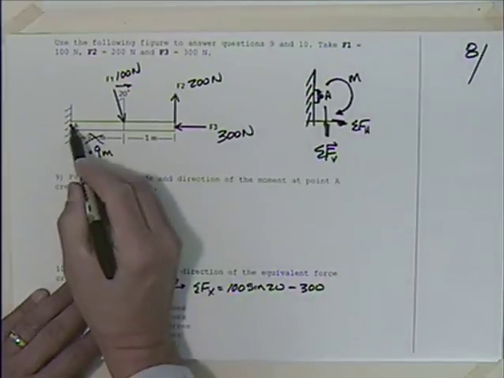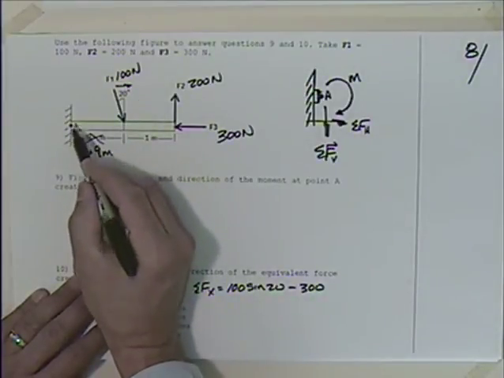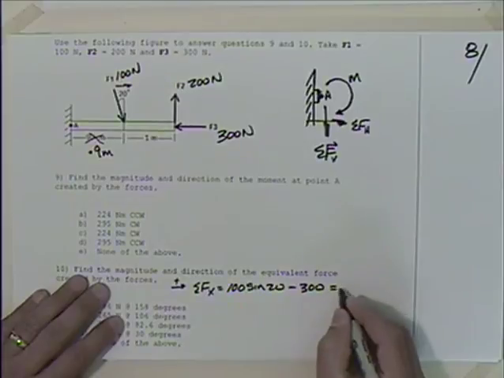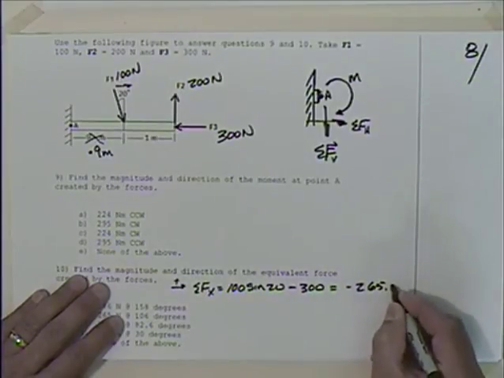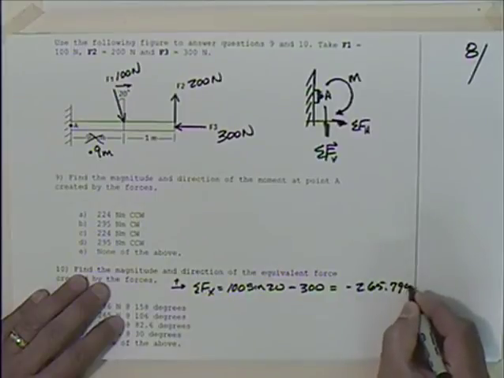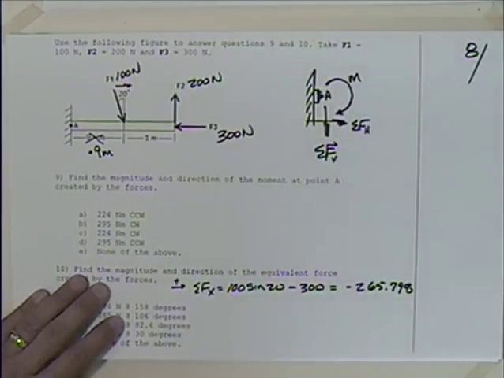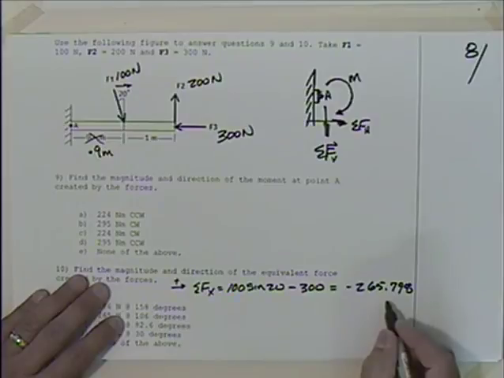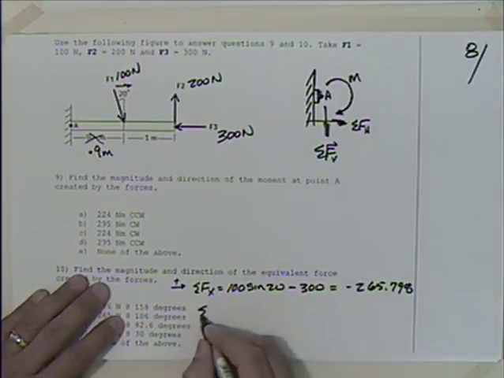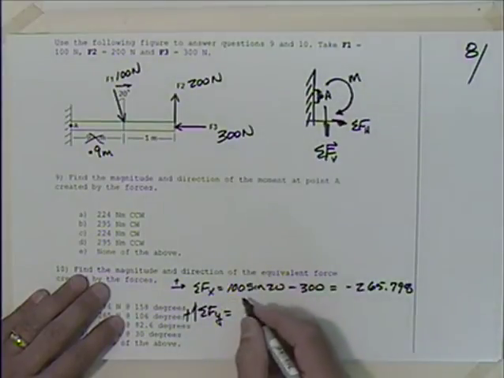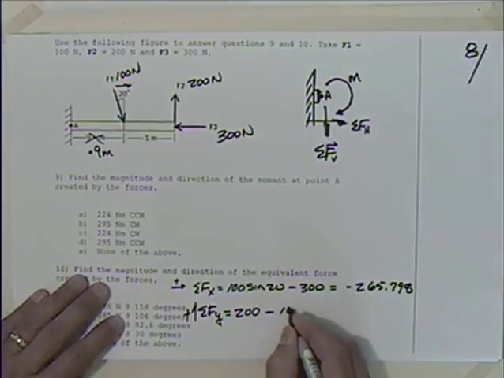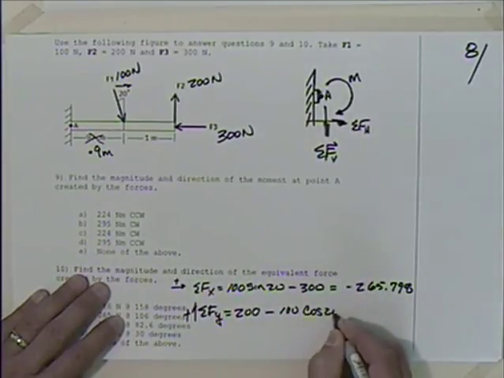Anything else in the horizontal? I'm not trying to find the reaction here. I'm just trying to find the equivalent force acting there. So this turns out to be minus 265.798. So intermediate step, we'll keep quite a few digits there. If I sum the forces in the y direction, looking at positive up, what am I going to have? 200 minus 100 cosine 20.